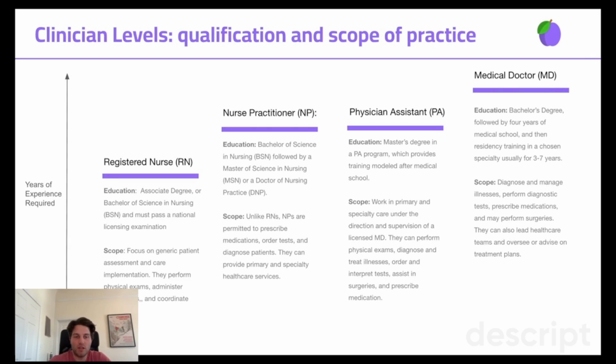You can imagine state by state or country by country, all of these details might be different. There are different code systems and value sets that allow us to represent these different roles across different places.